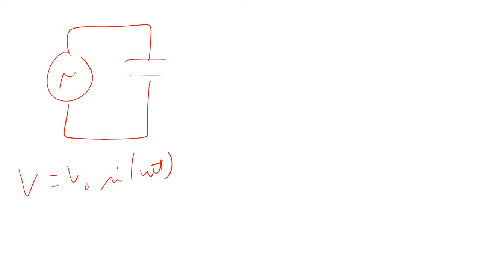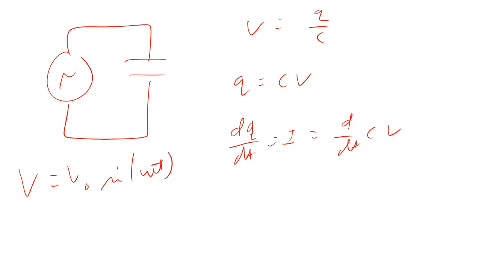The voltage is Q over C, so Q is C times V. dq dt is I, so that would be equal to the derivative of C V naught sine omega t.